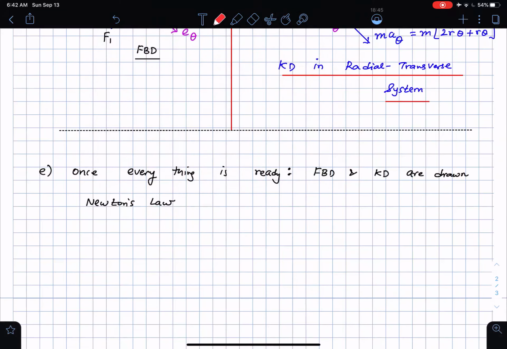According to Newton's law, force is mass times acceleration. Typically in a Cartesian coordinate frame, you would say that the sum of all the forces in the x direction is equal to mass times acceleration in the x direction. Or the sum of all the forces in the y direction is equal to mass times acceleration in the y direction. So this would be the Cartesian system.